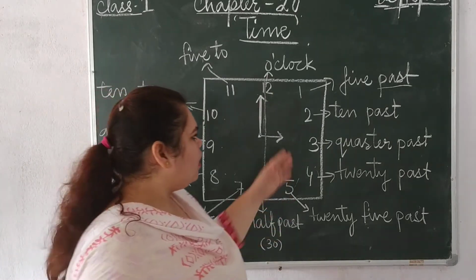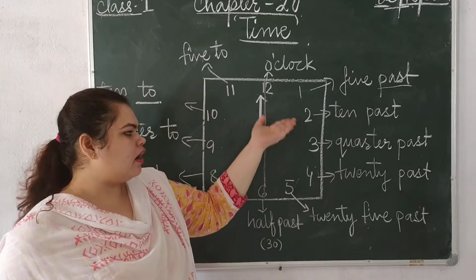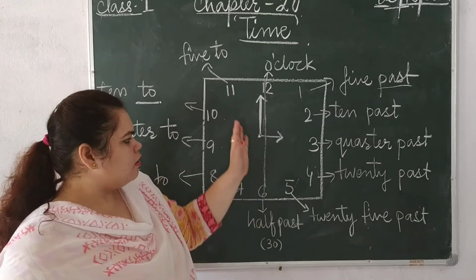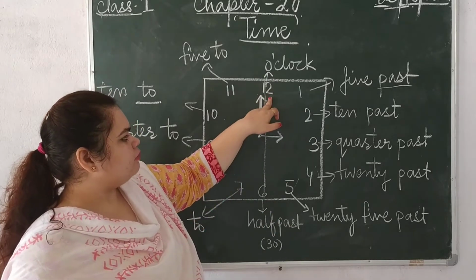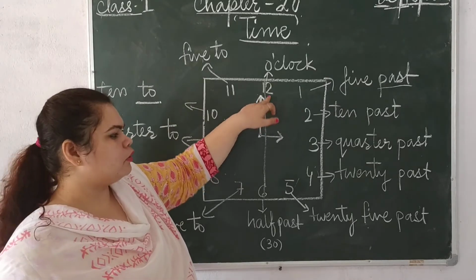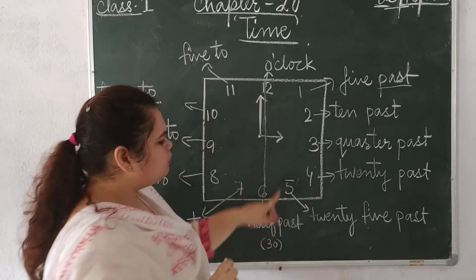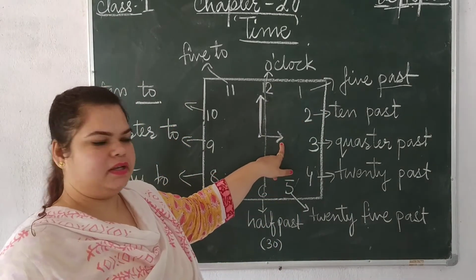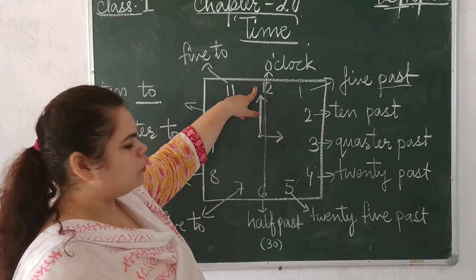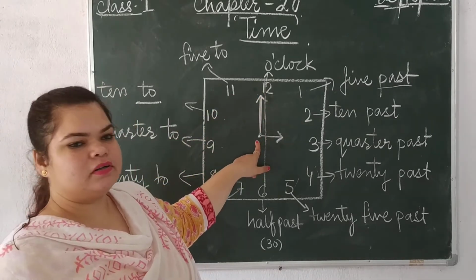Now let us see how we tell the time when the different hands are on different numbers. First, the 12. Number 12 tells us the exact hour of the day. Here the clock shows us that the small hand is on number 3 and the big hand is on number 12, which tells us it is 3 o'clock.